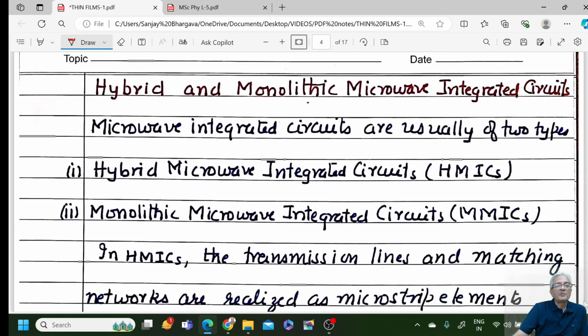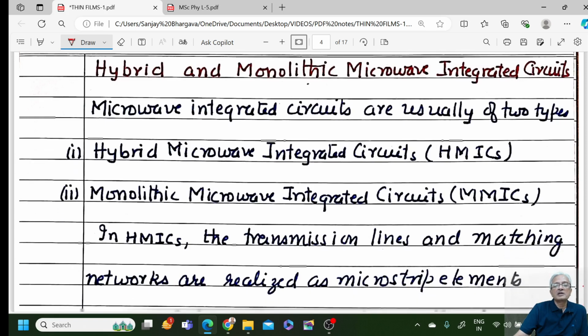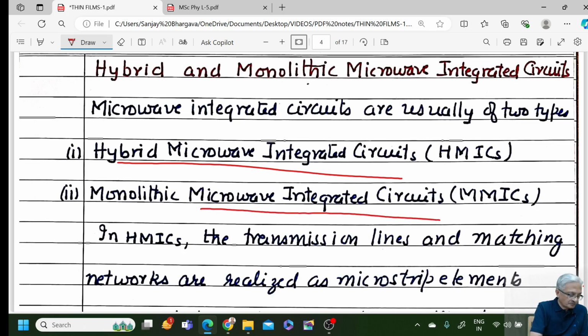Now, hybrid and monolithic microwave integrated circuits. Microwave integrated circuits are usually of two types: hybrid microwave integrated circuits HMICs, and monolithic microwave integrated circuits MMICs.